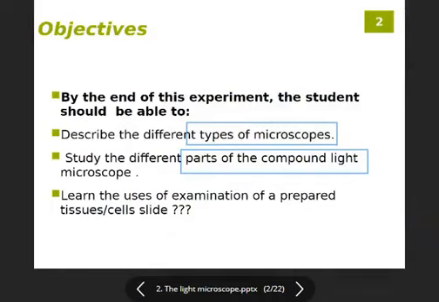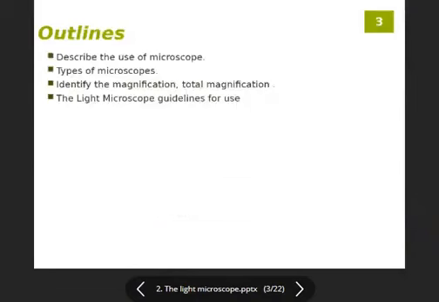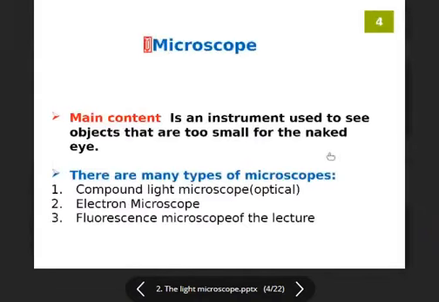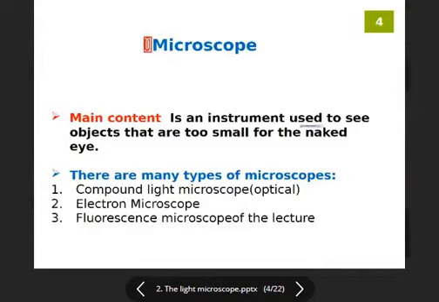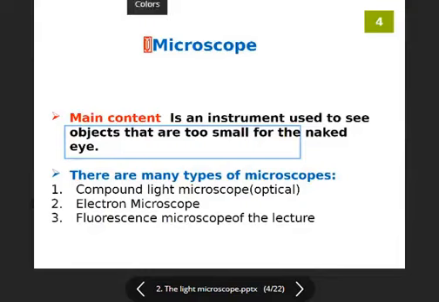These are the two main targets of today's experiment. As I told you, we use a microscope for objects that cannot be seen through our naked eye.